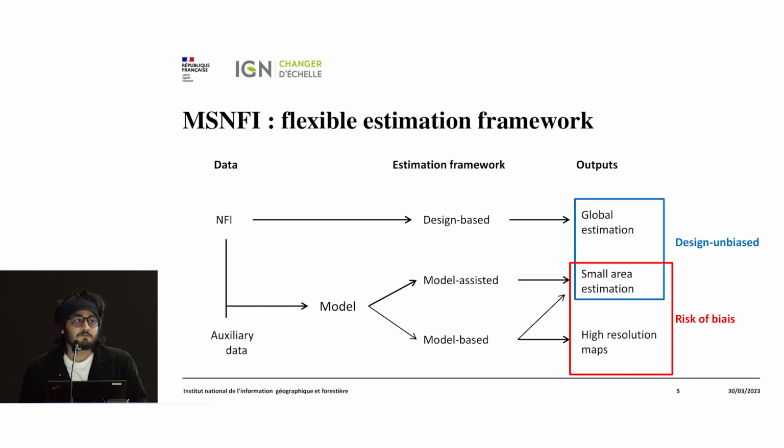But as soon as we want to downscale this estimate at smaller areas, such as small area estimation or even pixel level high resolution maps, we have to rely on model.